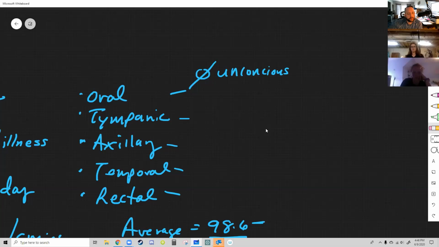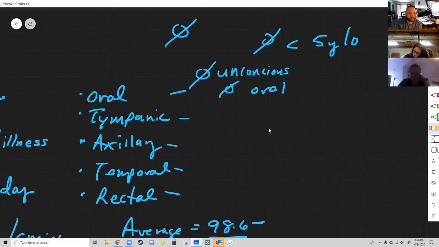Let's see: unconscious, oral surgery, and then they say kids younger than 5 years old, you don't want to take an oral temperature on them. Likely to have a seizure. That's kind of a gimme.